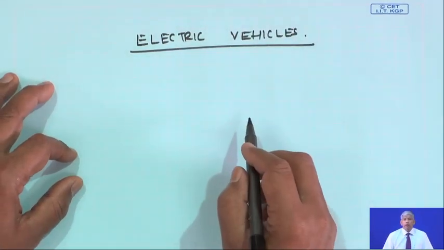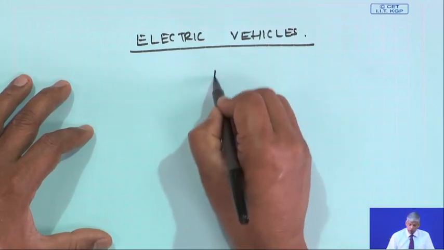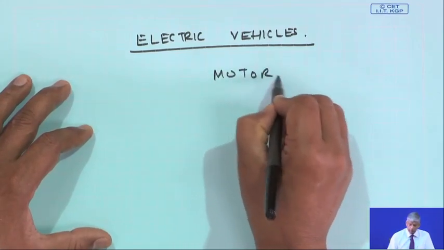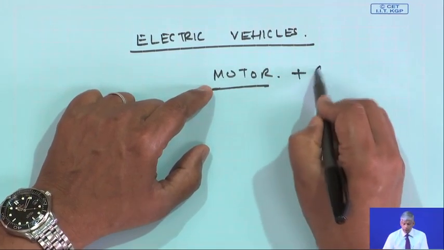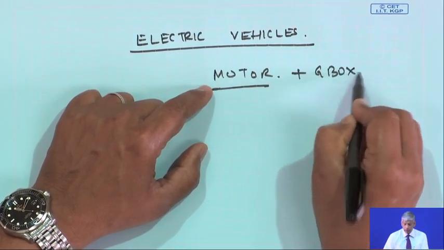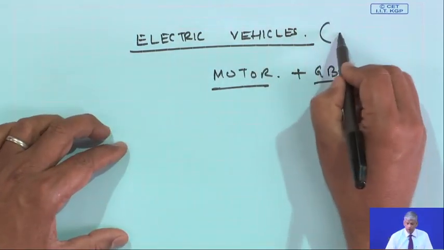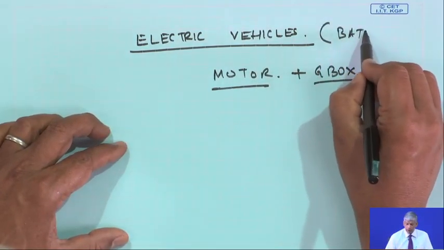Okay. In electric vehicles, we have a motor, and you can have a speed controller of the motor, or you can have a mechanical gearbox. Okay. Of course, the battery is the major component in an electric vehicle.